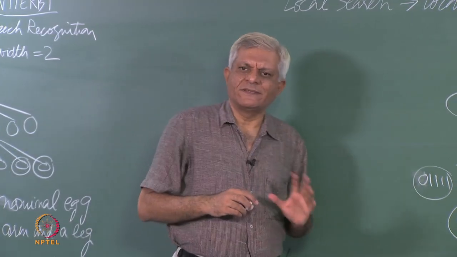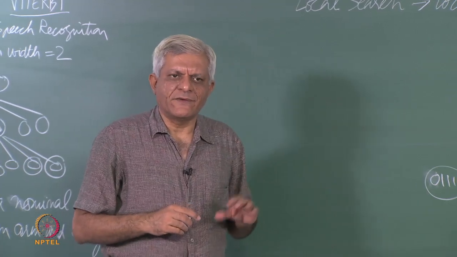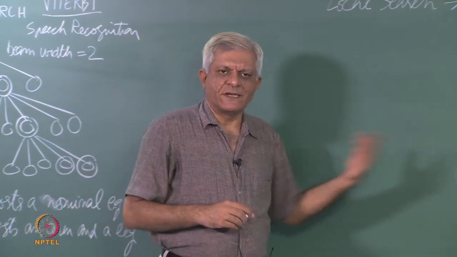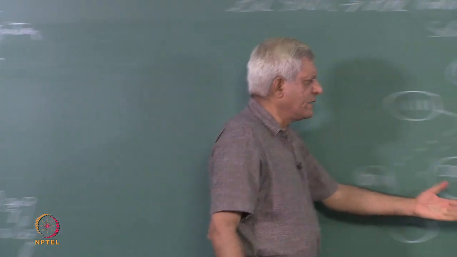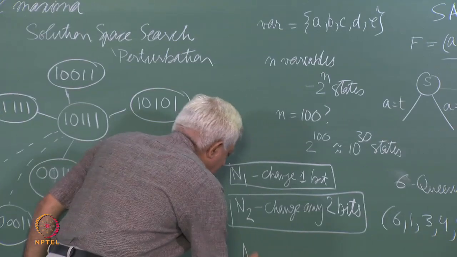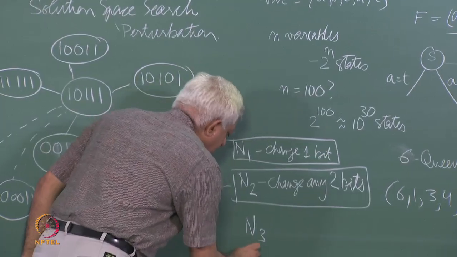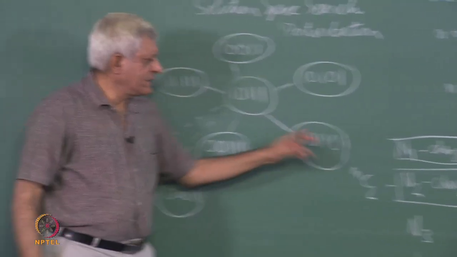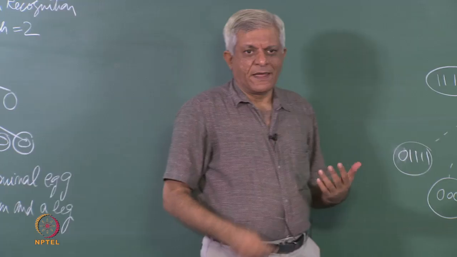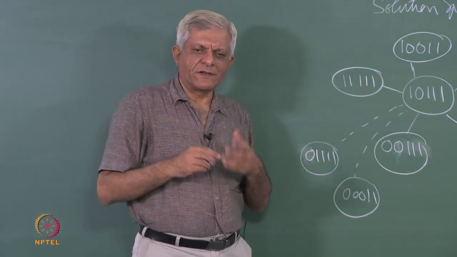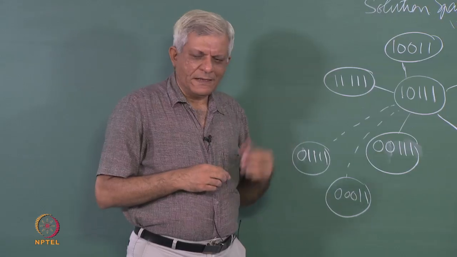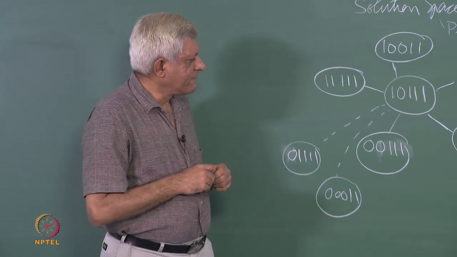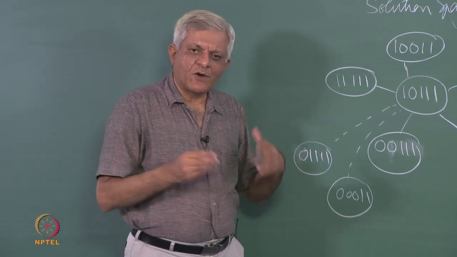How can I exploit this information? Can I devise an algorithm which will try to make use of different neighborhood functions? So, I can have n1, n2, then I can have n3 and up to n if I have n variables, in this case up to n5 essentially. I can say change all 5 essentially. Of course, that will give me only one neighbor and it will not take me far from there. Or I can have combinations.